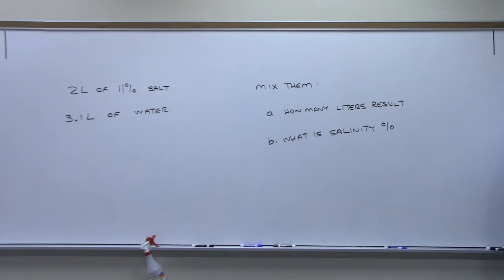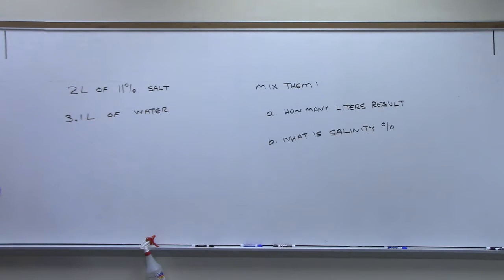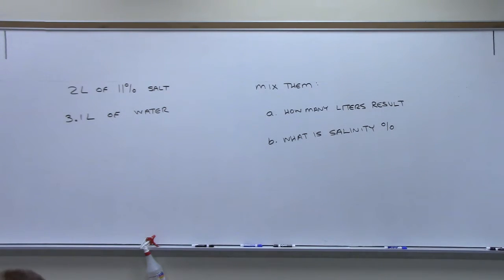Okay. Let me see what you're getting over here, Sean. So 5.1, and then you divided. Where did you do this and this together? Question, you got to figure out how much salt is there to start. This is just like the problem we did before.